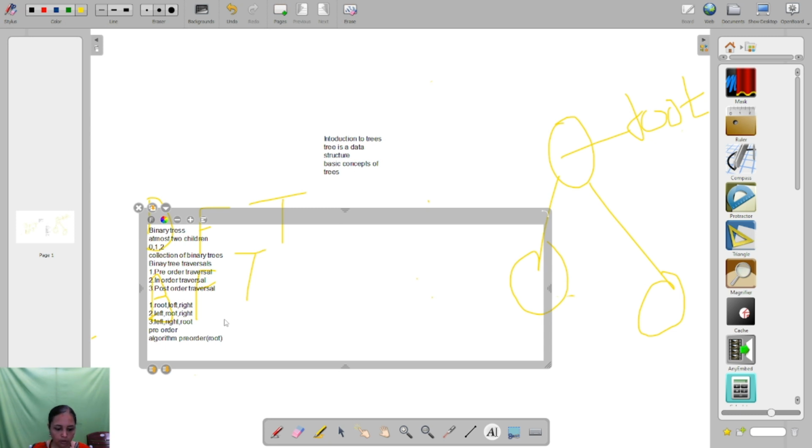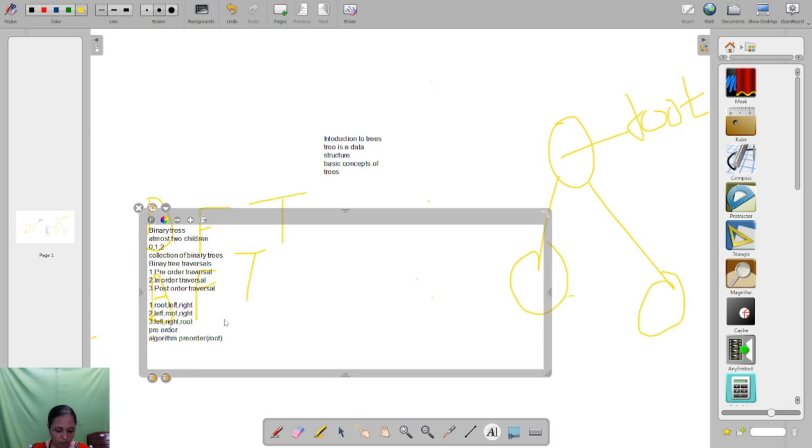That is the important one. In preorder, the root is the entry node of a tree. Whatever tree you draw, the root node is the entry of the tree.